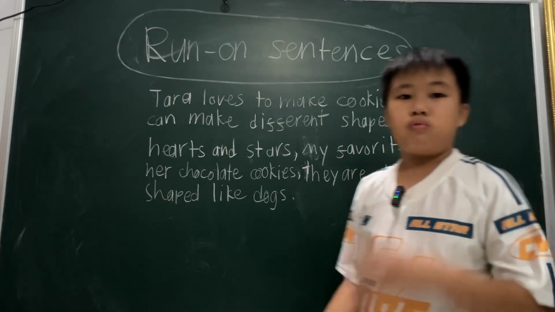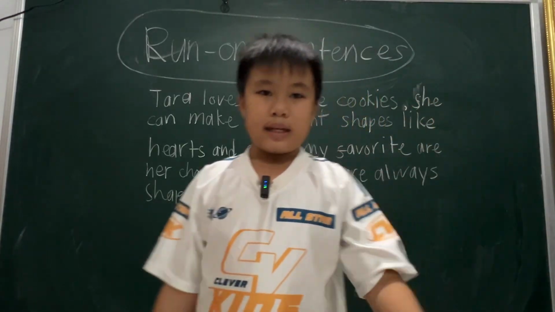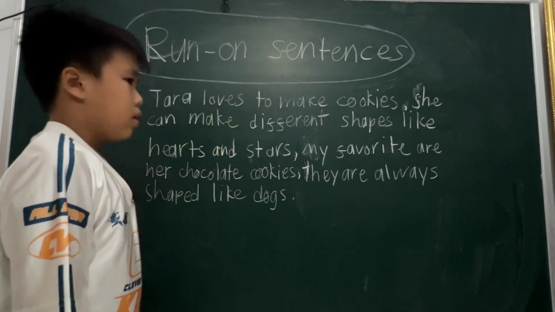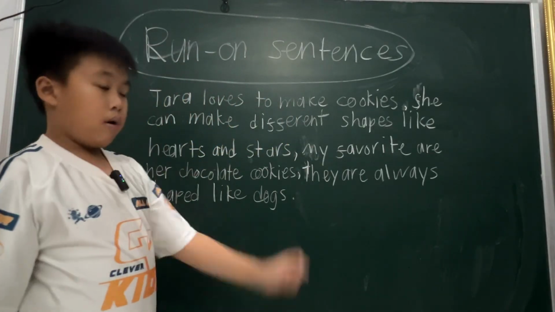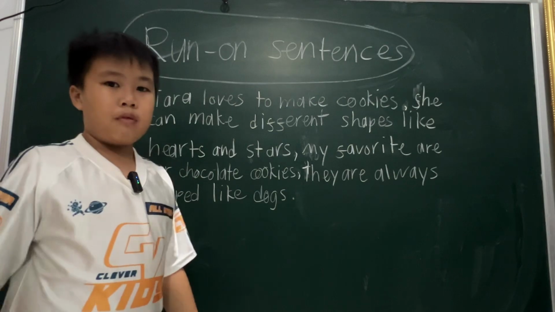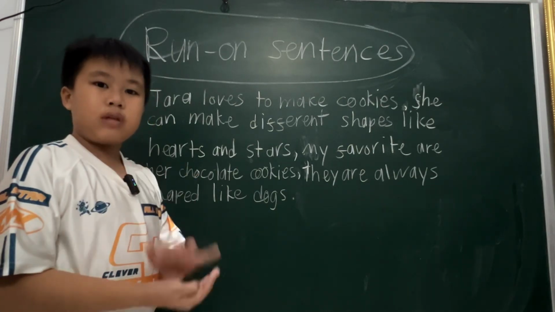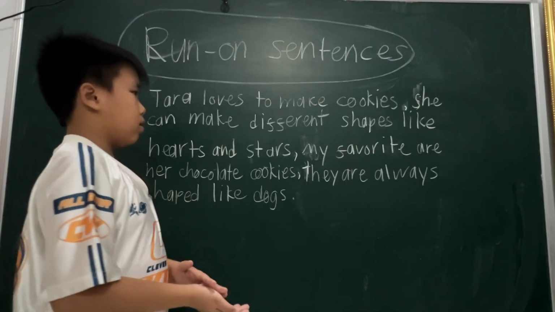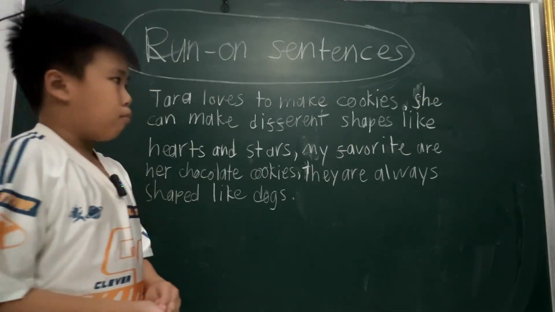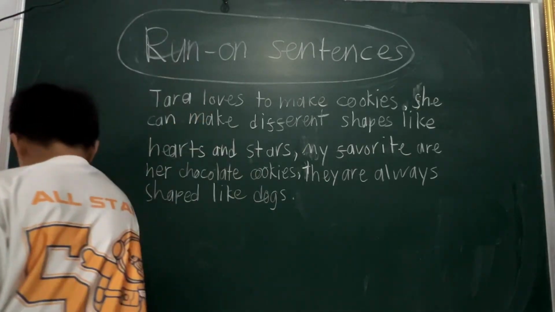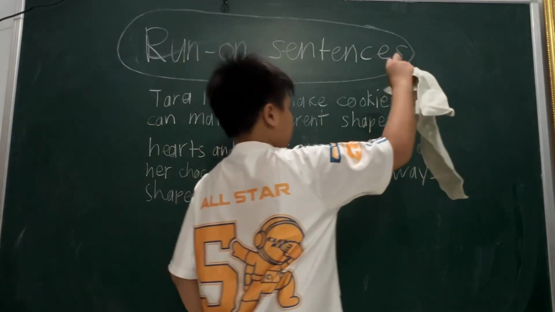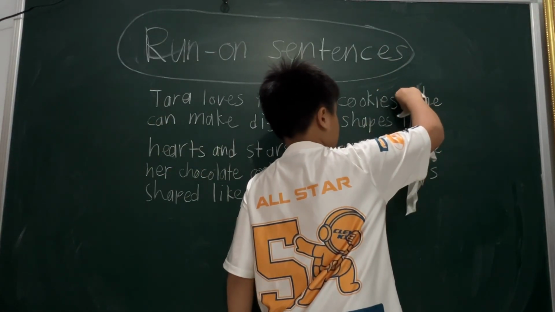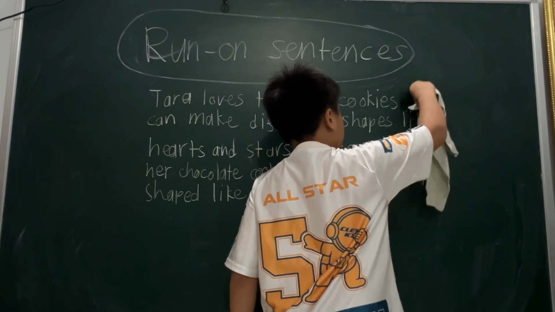Now, there are three types that we can use. First is the comma and then the dot thing, but we can use these two things all at once. So probably when a reader is reading this, it can make it more interesting. So let's just erase these things for it to be clean.